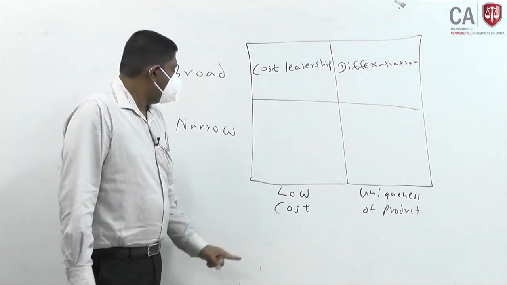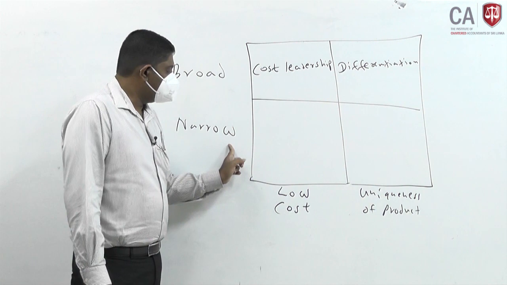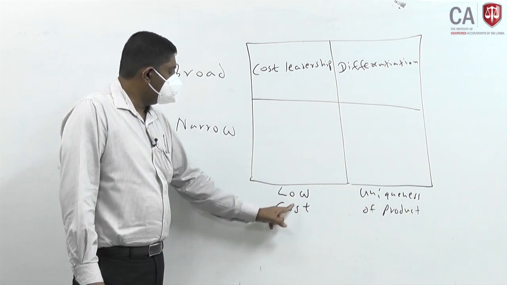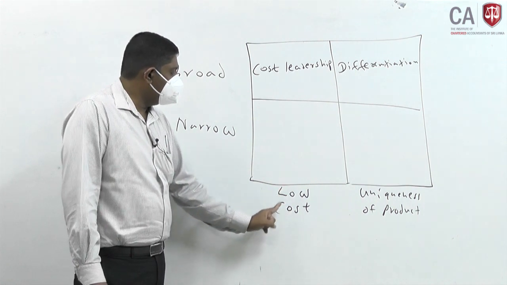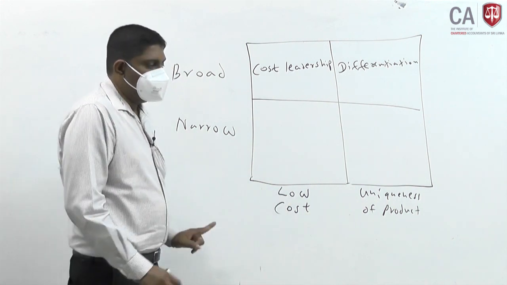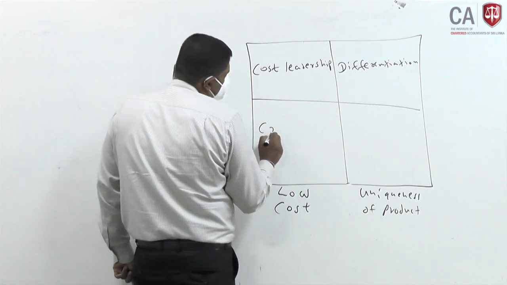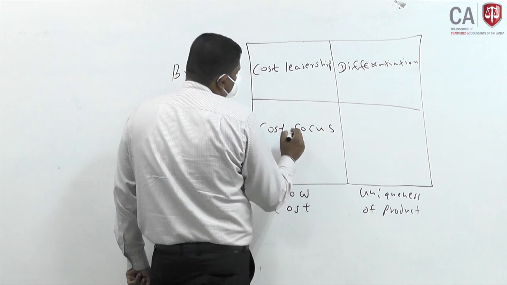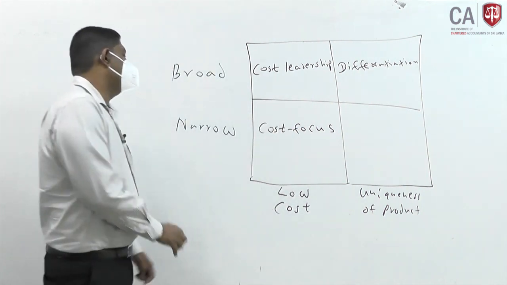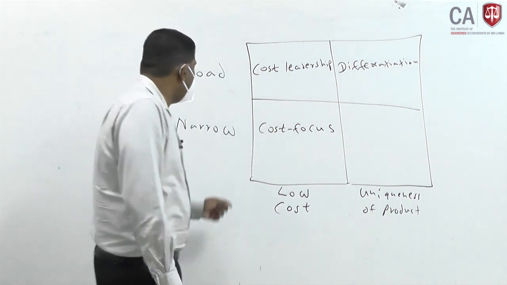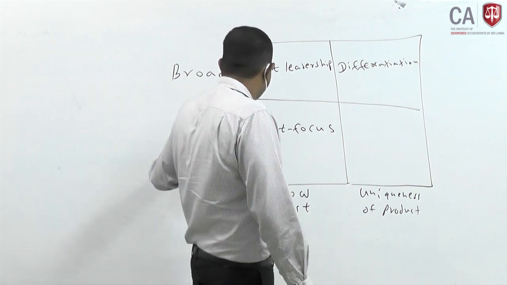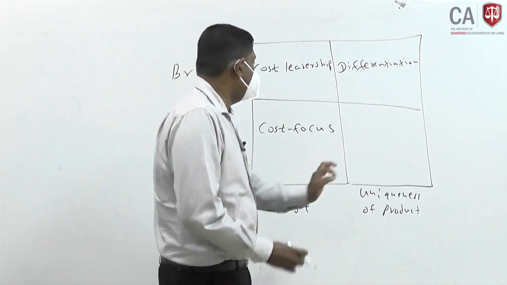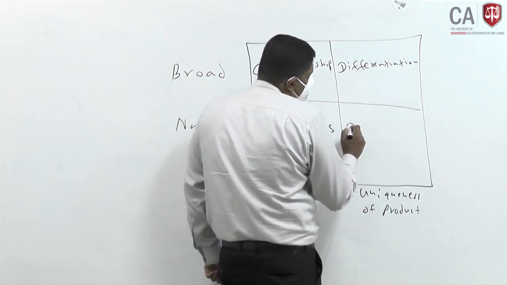If you try to operate in a narrow market segment by offering the good at the lowest price, by producing the good at the lowest cost, we identify that as cost focus strategy. And if you decide to operate in the selected marketplace by offering a unique product there, that is called differentiation focus strategy.